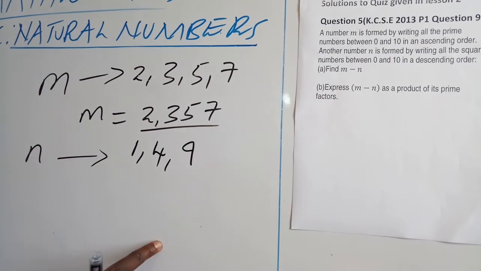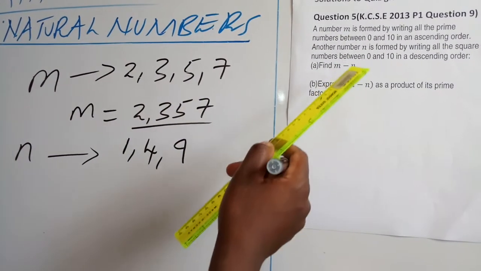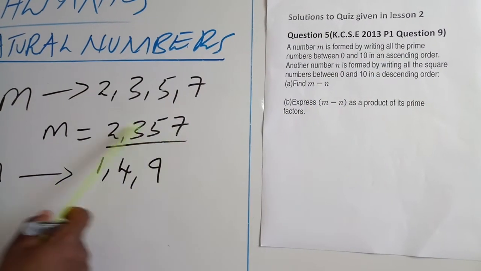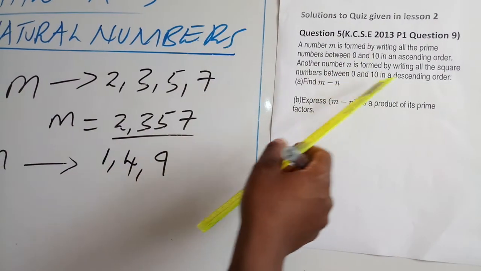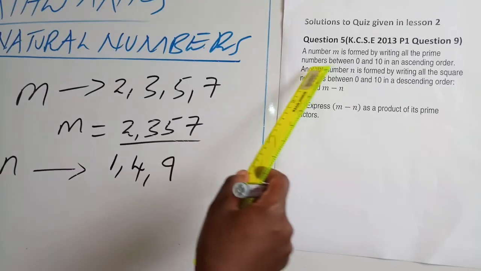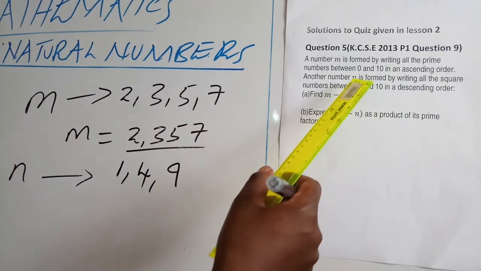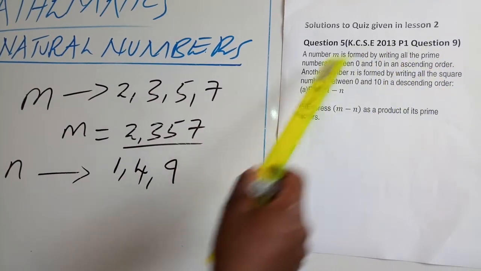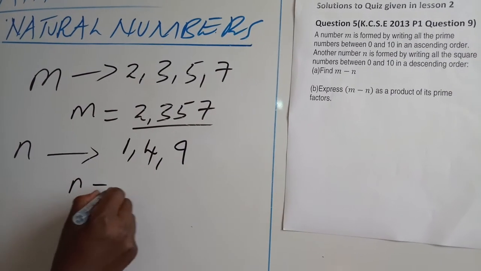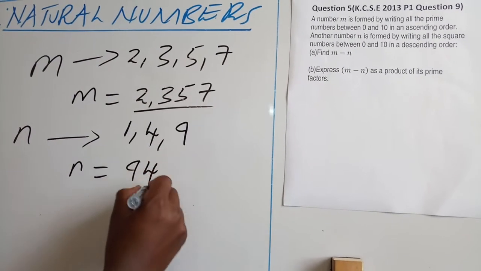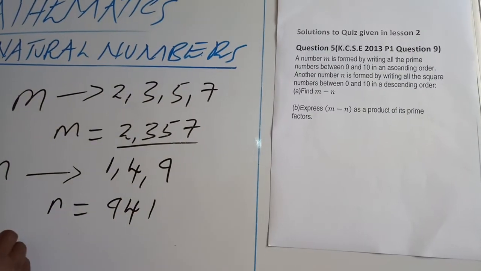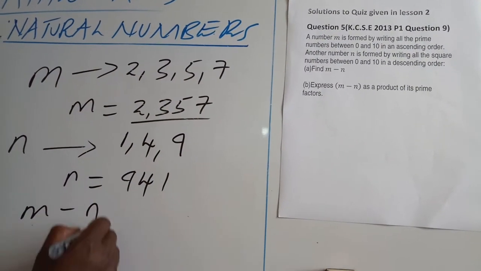If you square 4, what do you get? 16. 16 is not found between 0 and 10, meaning these are the only square numbers within that range. But what is n? N is a number, not numbers. How is a number formed? By writing these square numbers in a descending order. Therefore, n will be equal to what? 941.